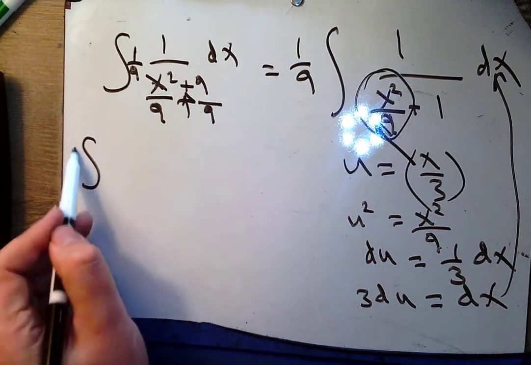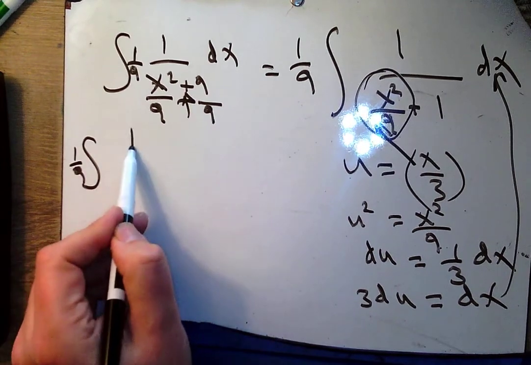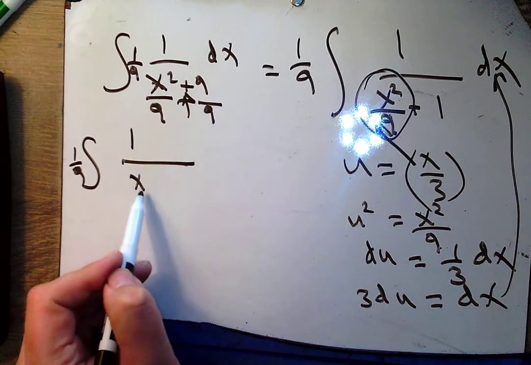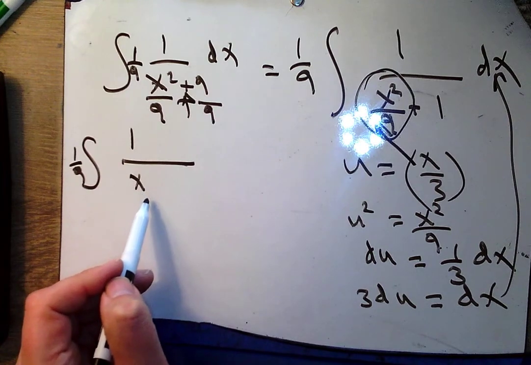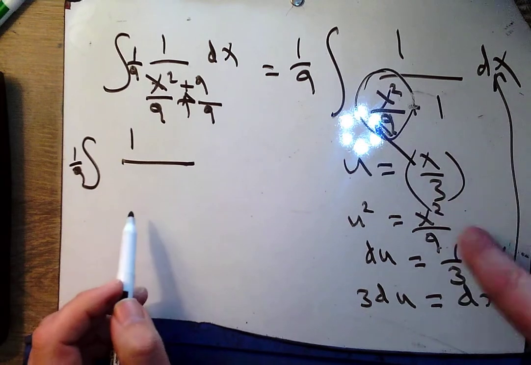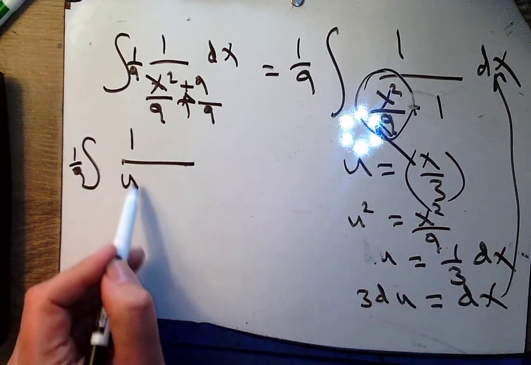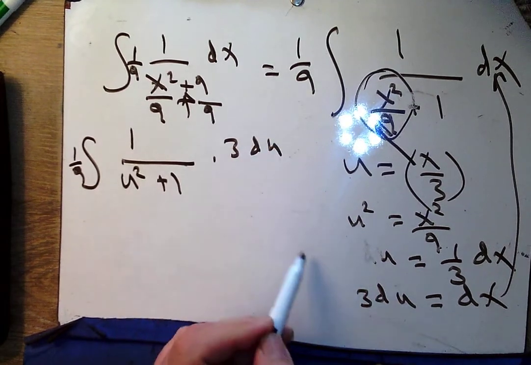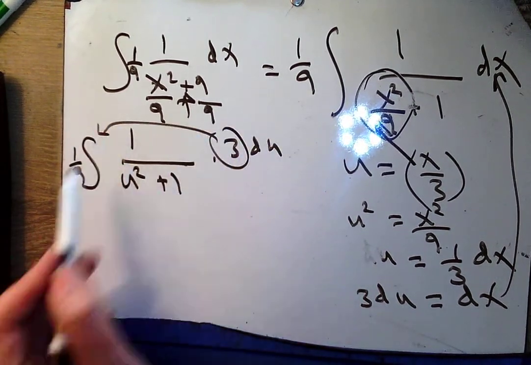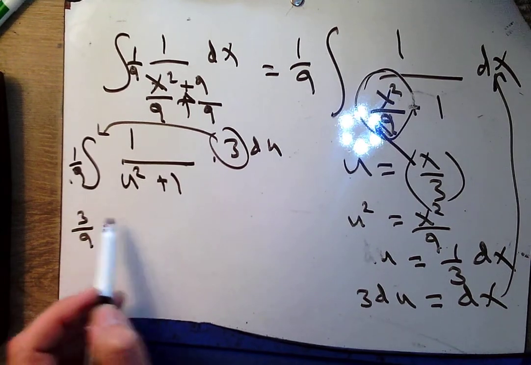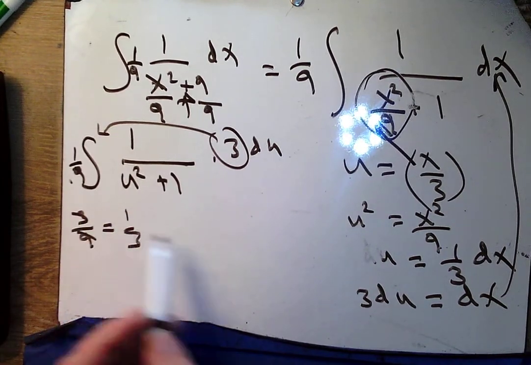So that can go in there, and this can go in here. I get then 1/9 times the integral of 1 over x over 3, so that's right there, squared plus 1 and 3 du. Well, I'm going to pull that constant out with that 1/9. So I'll have 3/9 or 1/3.